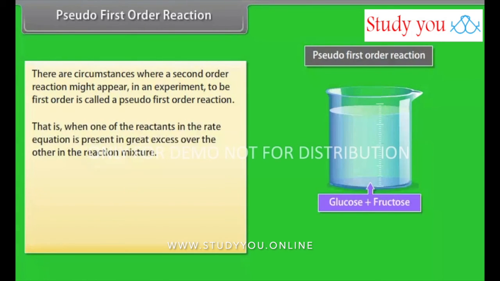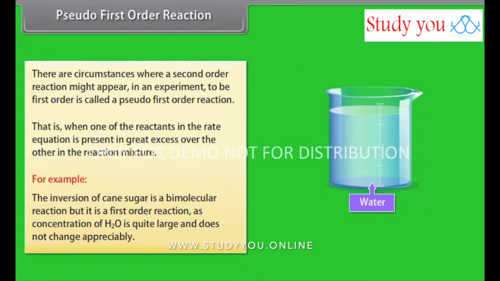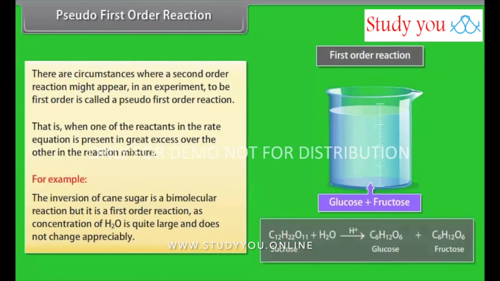That is, when one of the reactants in the rate equation is present in great excess over the other in the reaction mixture. For example, the inversion of cane sugar is a bimolecular reaction, but it is a first-order reaction as concentration of H2O is quite large and does not change appreciably.